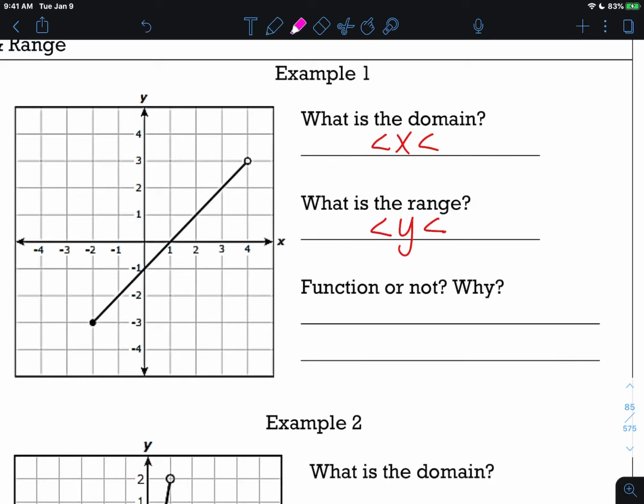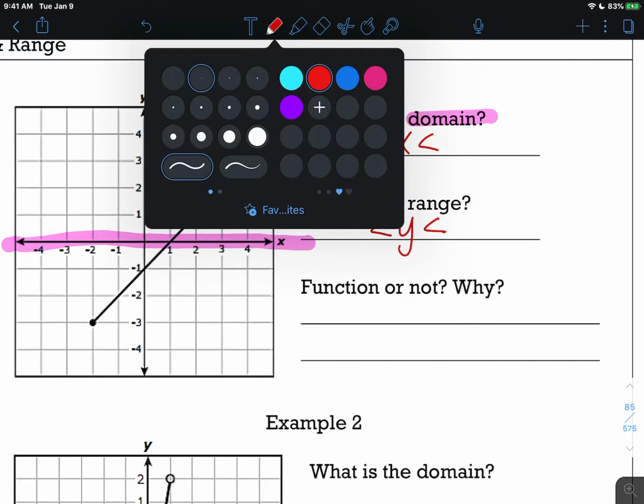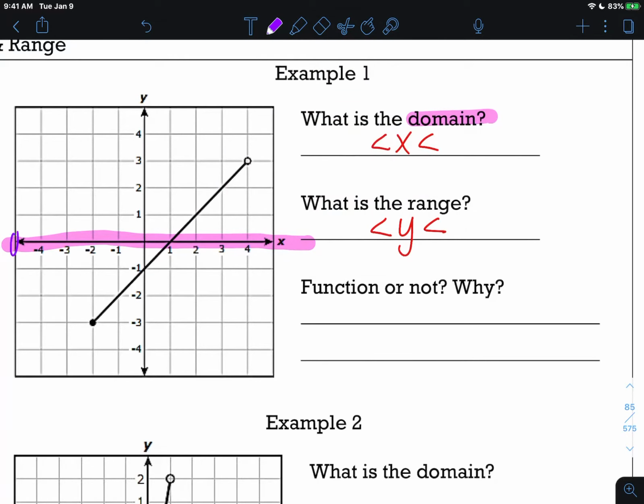First thing we're dealing with here is domain. My domain is my x value, so I'm going to highlight that axis. Now I'm going to look, where is my x smallest? Well, it's smallest over here on the negative side. So I'm going to take my pencil and run it all the way across until I hit the very first part of the graph.